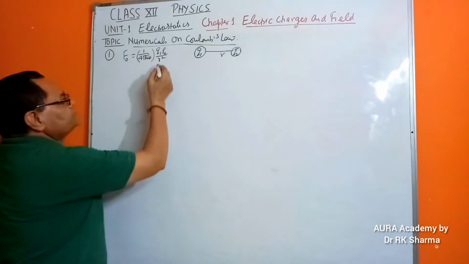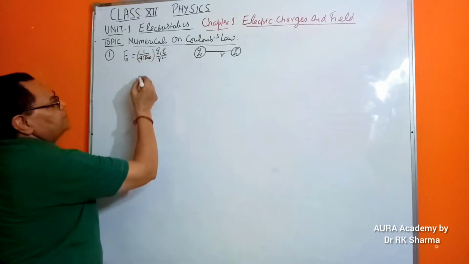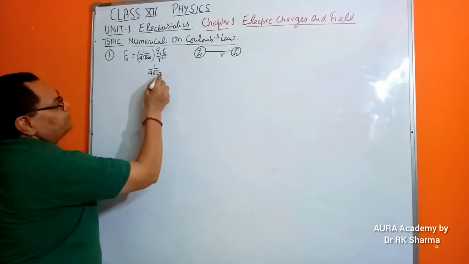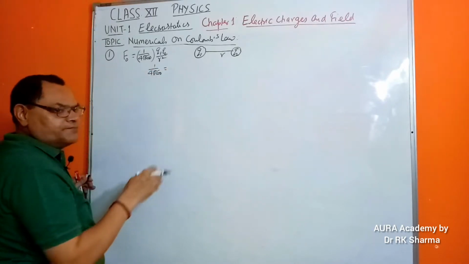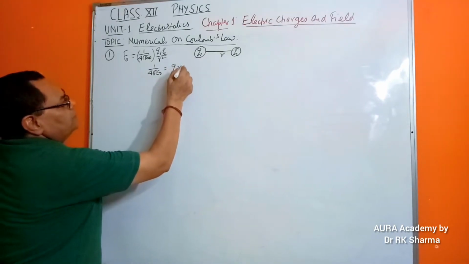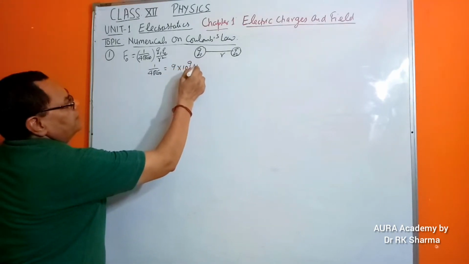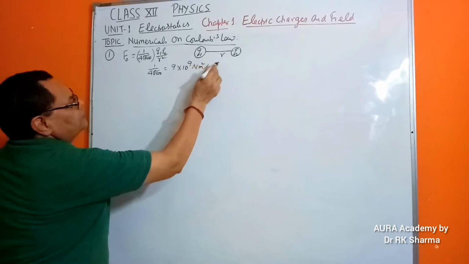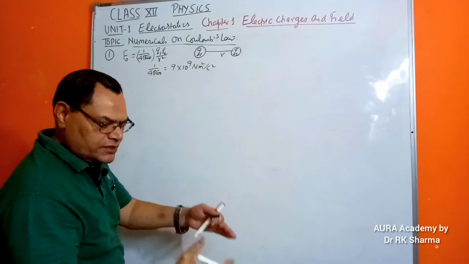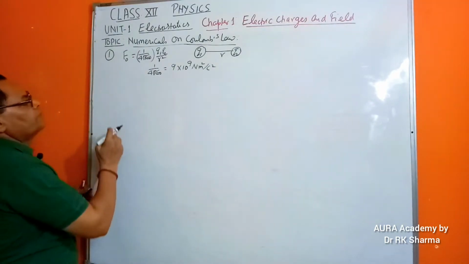Clear? This constant has the value 9 into 10 to the power 9. Epsilon naught is the permittivity of free space, and the constant is 9 into 10 to the power 9 Newton meter square per coulomb square. I am just writing the formula which we will be using in the numerical problems.